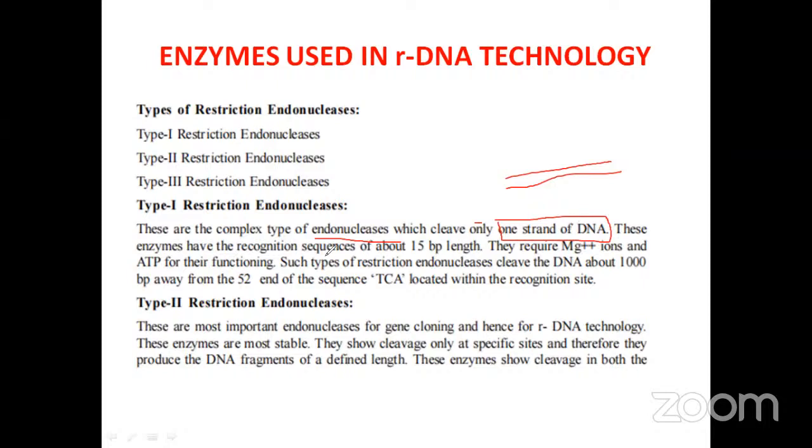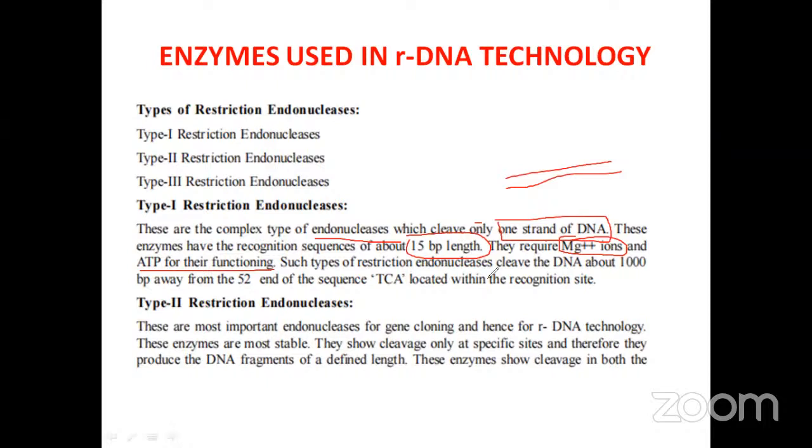These enzymes recognize a sequence about 15 base pair length. They require magnesium ions and ATP for their function. Without magnesium ion and without ATP, the type 1 restriction enzyme does not work.